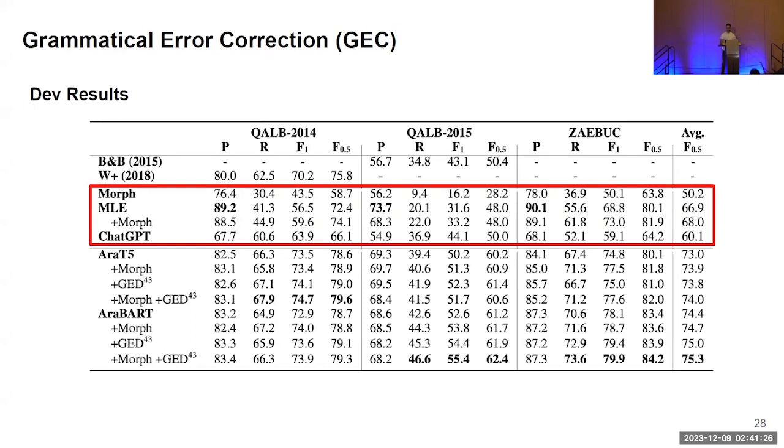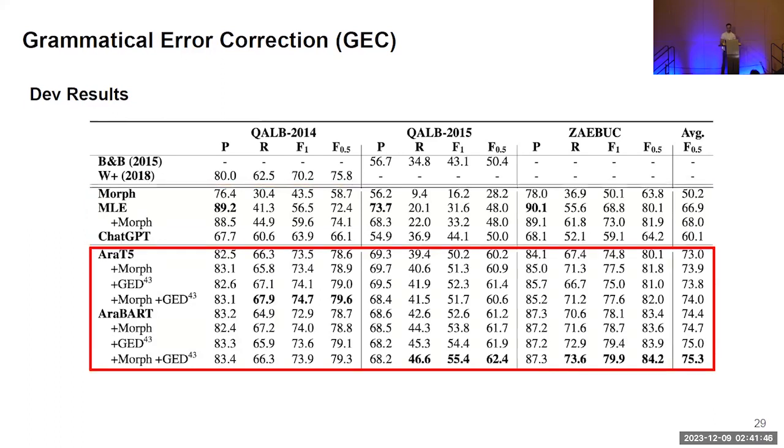Now, in terms of our results on the development set, starting off with the baselines, the MLE model claims the highest precision among all systems, but it suffers from low recall. Interestingly, ChatGPT has the highest recall among the baselines for QALB 2014 and QALB 2015, but it suffers from low precision. For the sequence models, AraT5 and AraBART by themselves, so without morphological preprocessing or GED, outperform previous work on QALB 2014 and QALB 2015.